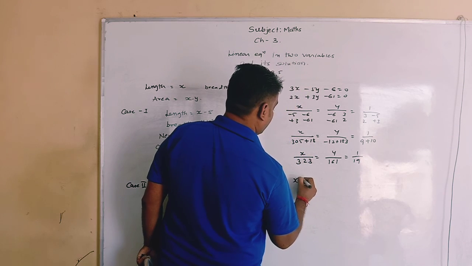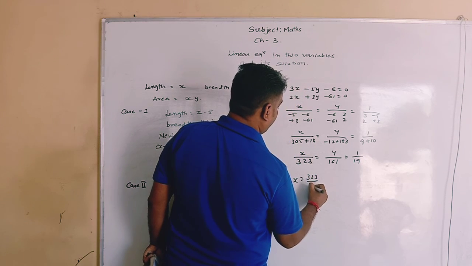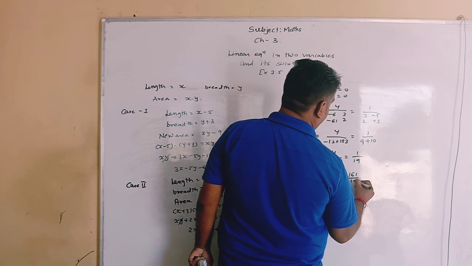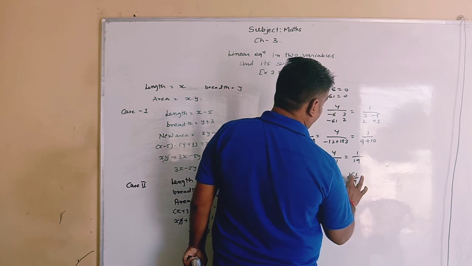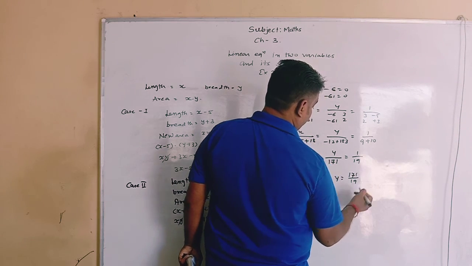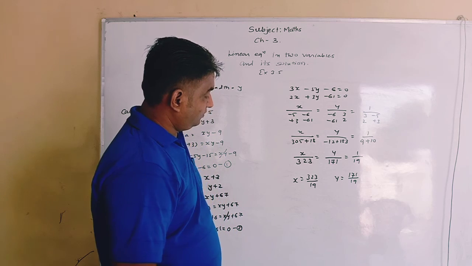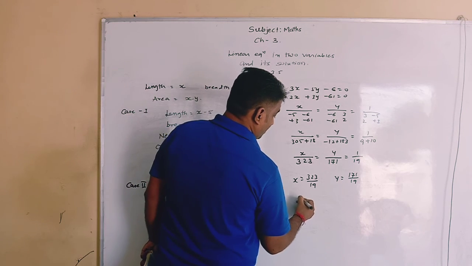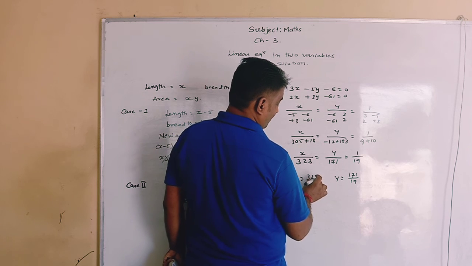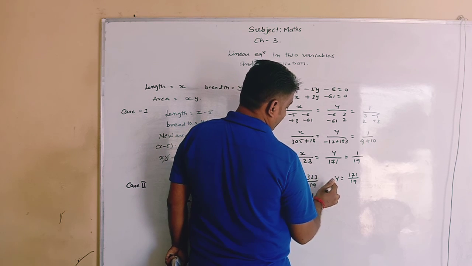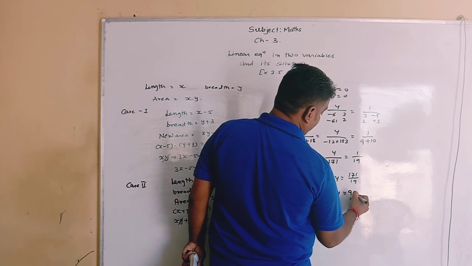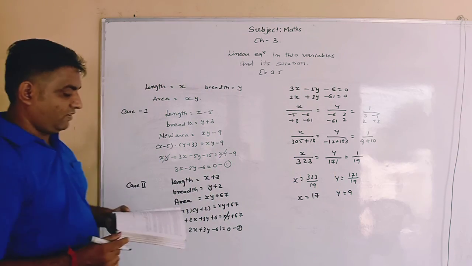And so x is equal to 323 upon 19 and y is equal to 171 upon 19. So here we divide by 19, then x is 17 and y equals 9. And so the length is 17 and the breadth is 9.